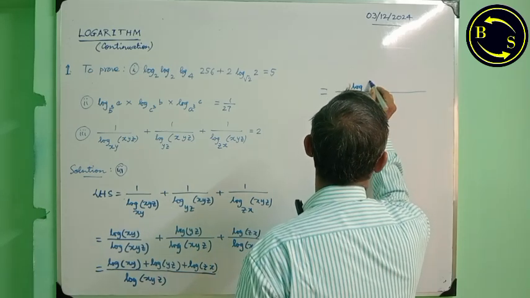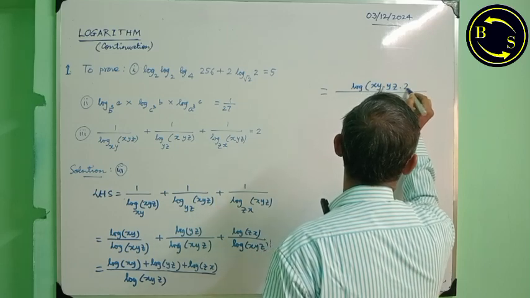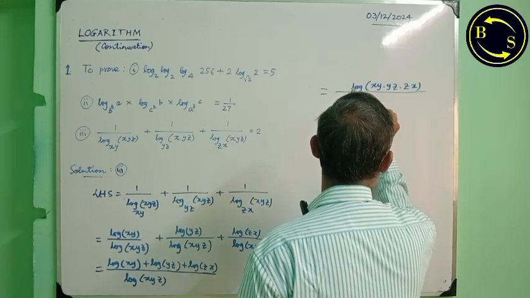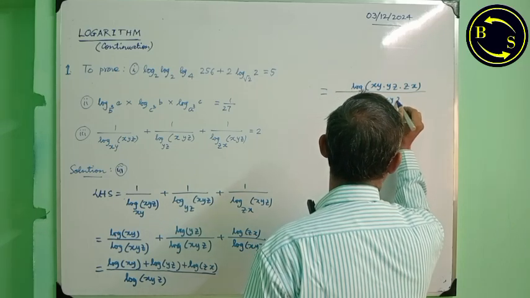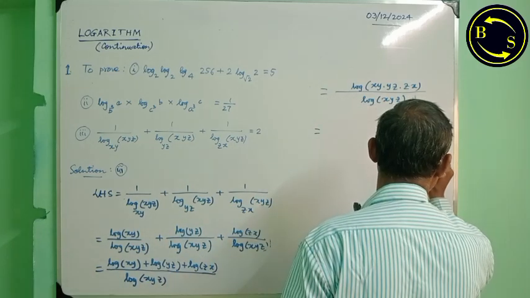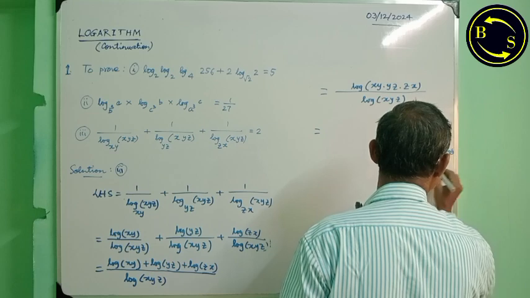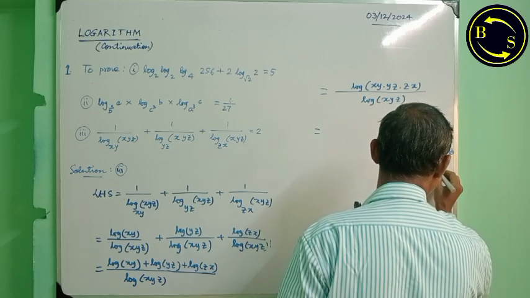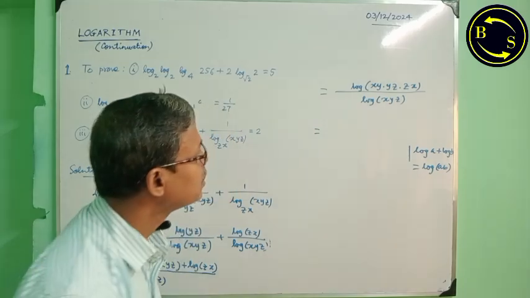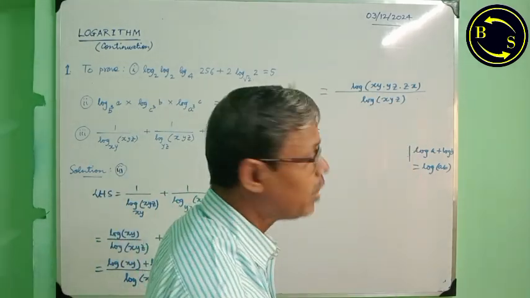Log of xy, yz, zx, log of x, y, z. We have applied here log a plus log b equals log of ab. Now, what is the product? x square, y square, z square.